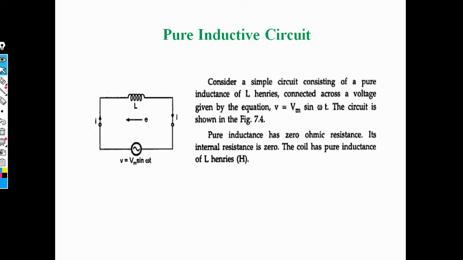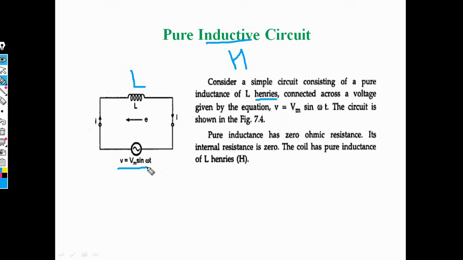This is a simple circuit consisting of pure inductance. The pure inductance L is here, and the unit of inductance is the Henry. This inductance is connected across the voltage V equal to Vm sin omega t.